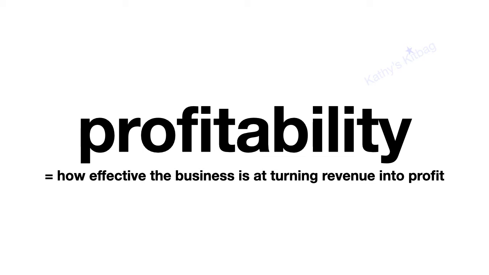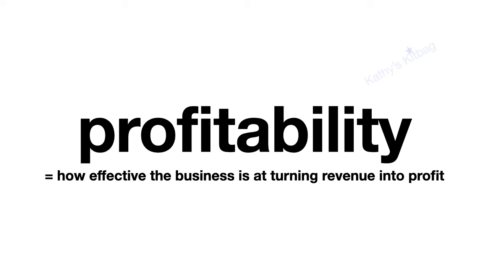And at the moment, we're looking at profit margin as our measure of profitability. So this is profit divided by revenue times 100. And I'm talking generally here, we need to know about gross profit margin, operating profit margin, and profit for the year margin. But in general terms, what you need to do to improve all of them is very similar.